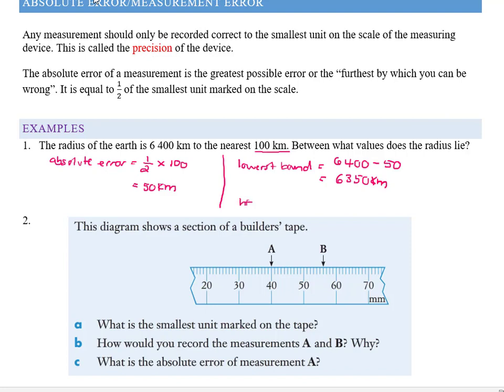Then the highest bound is the absolute largest error that I would accept: 6,400 plus 50, which is 6,450. So if I'm measuring the Earth to the nearest 100 kilometres, I would accept that the radius is somewhere between 6,350 kilometres and 6,450 kilometres.